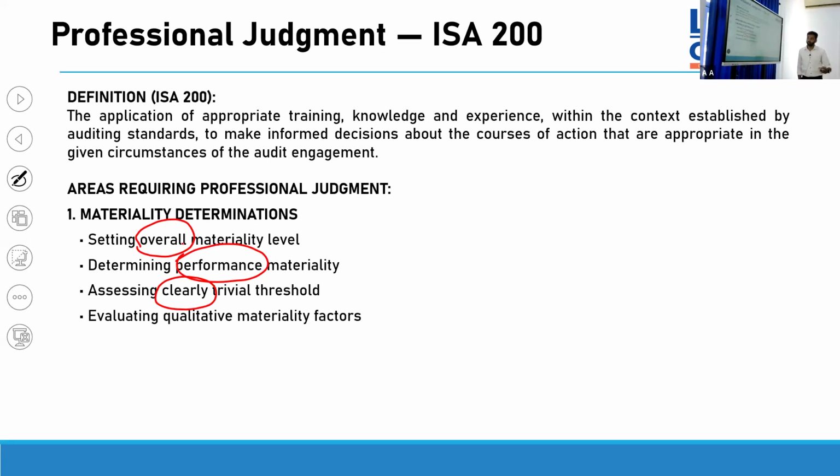Next, we must determine the performance materiality and also assess the trivial threshold. This is like this. Let's say your base for materiality calculation is revenue. Let's assume we are going to calculate the materiality based on revenue. Your revenue balance is 120 million.